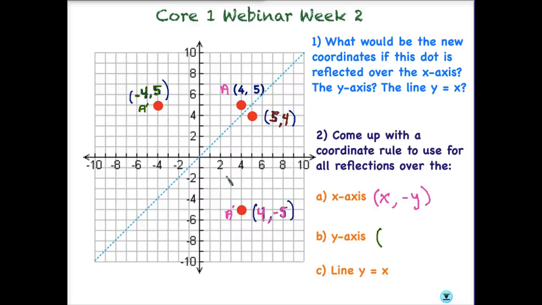So what could we do to 4, 5 to turn it into -4, 5? Look up here at the x-axis one. That was our rule. So what could be our rule for the y-axis? What do you think, Dee?